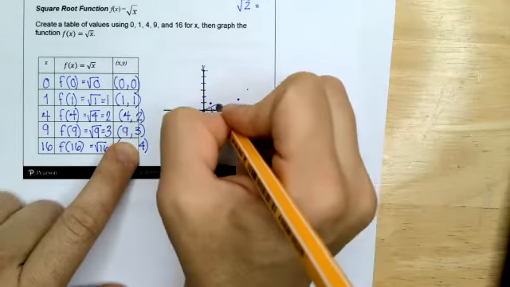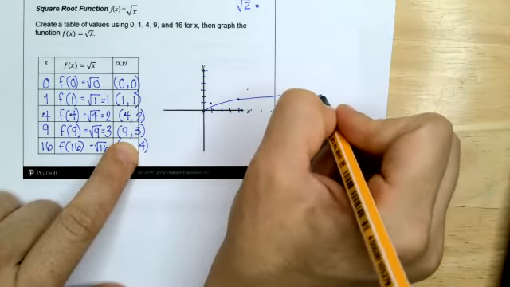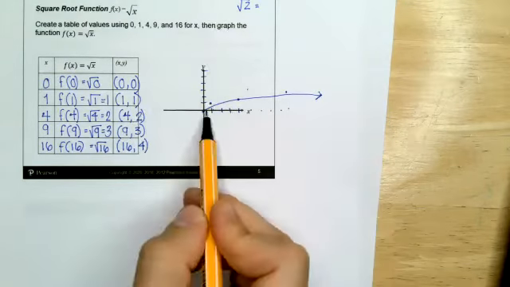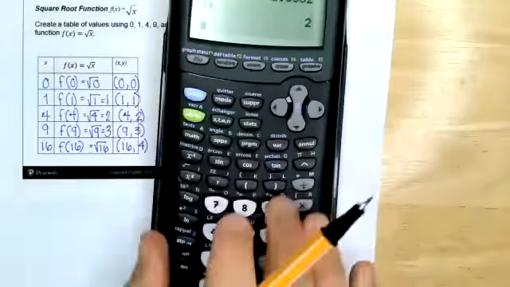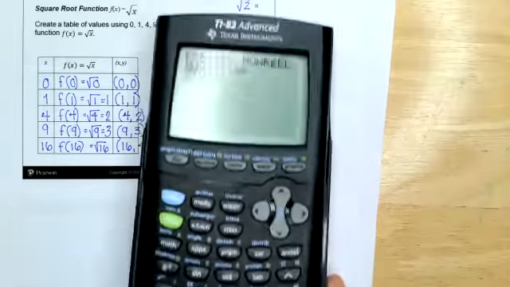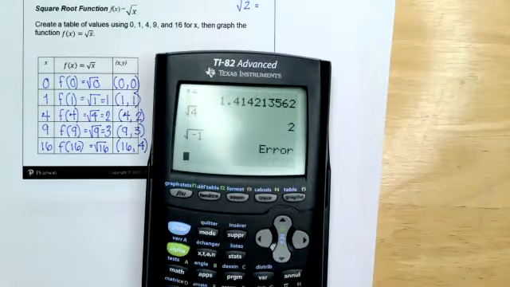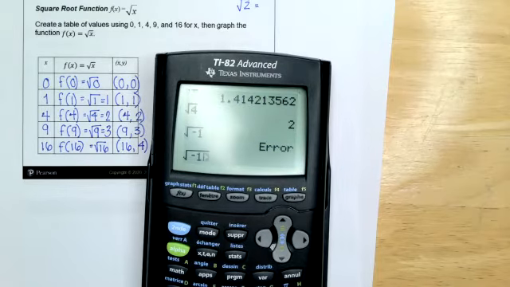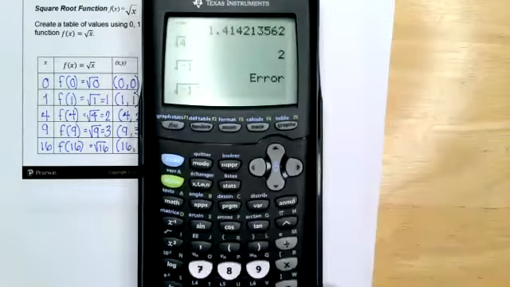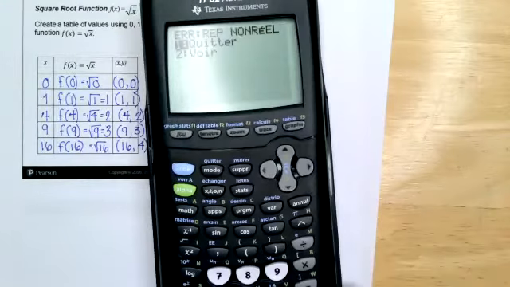So you can see that the curve is flattening, but it's curving in a positive direction, and there is nothing below 0, below the x-axis, below x equals 0, because that's an error, not a real number.